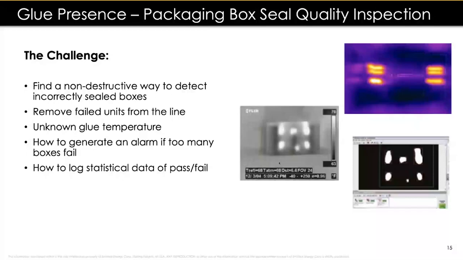So we were able to look at the blob sizes. First, we were able to detect the presence. Do we have glue there? Yes or no? Check. If the glue is there, do we have the right blob size? Do we have the number of pixels needed in this particular area to say that we have enough glue to hold that flap of the box down? Check.